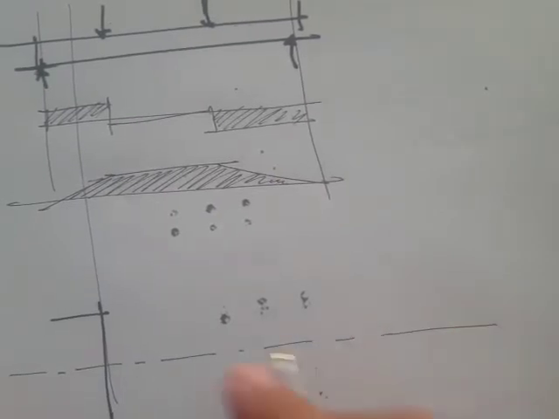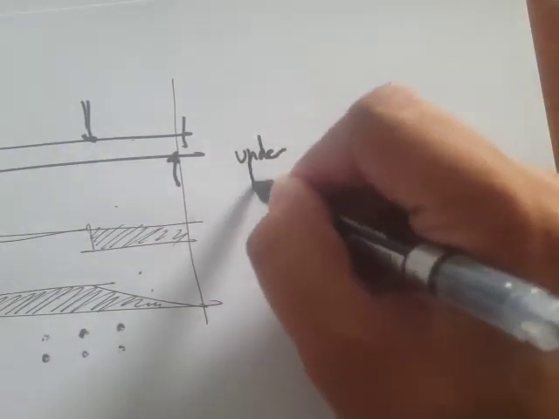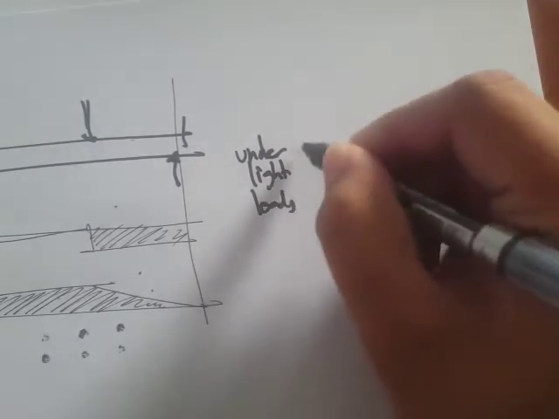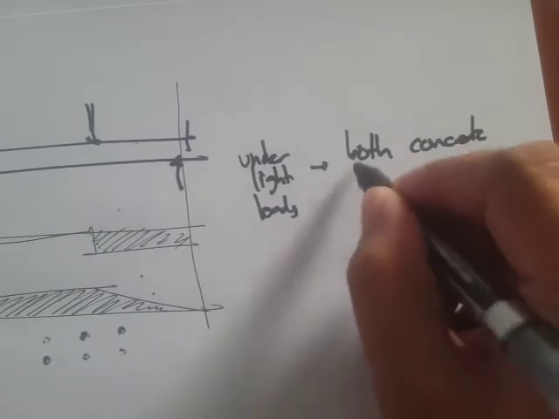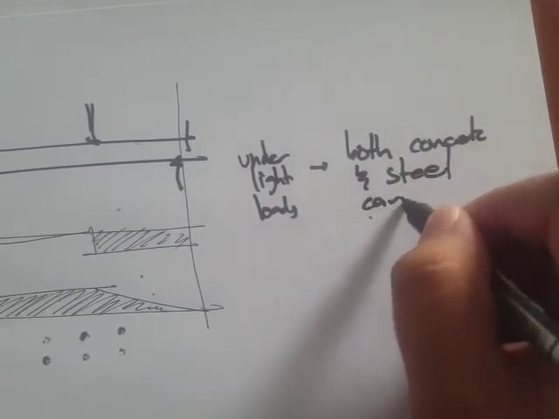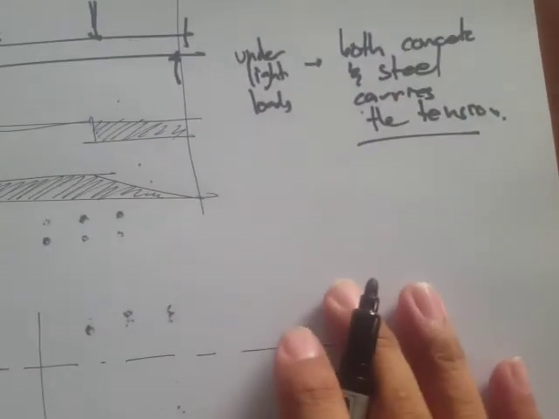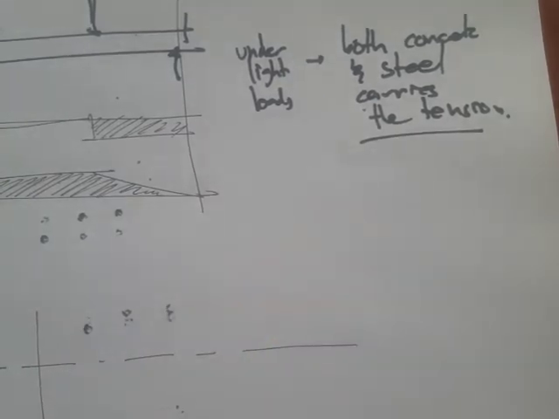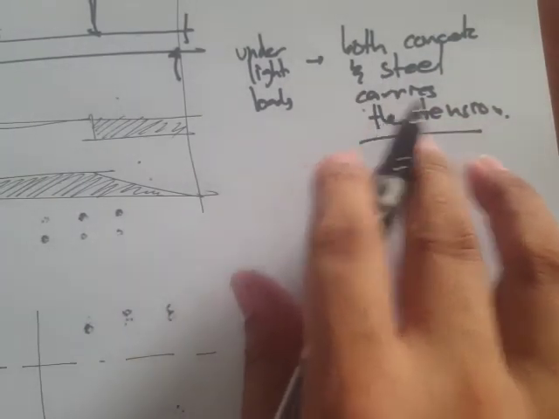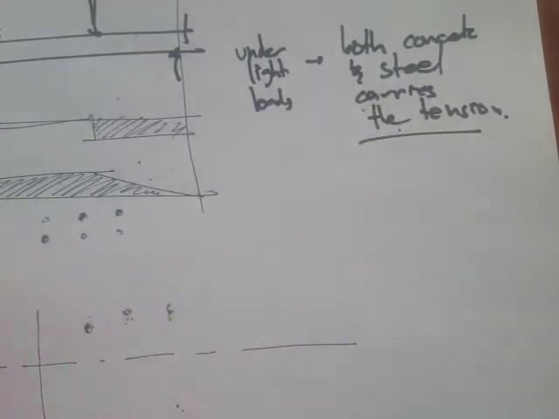Under light loads, both concrete and steel carry the tension. When you say under light loads, we're referring to tensile stresses below the cracking capacity of concrete. So the ones carrying the tensile stresses are both the concrete and steel.